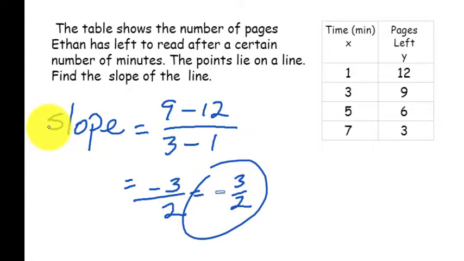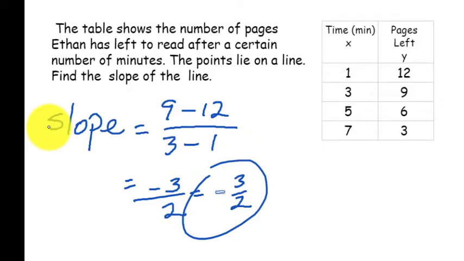One thing I want to point out also is that you don't have to pick those first 2 points. You can pick any 2 points on here. It doesn't matter which ones, and I should get the same thing. So to prove it, let's just go ahead and pick these next 2 points here. How about the last 2?